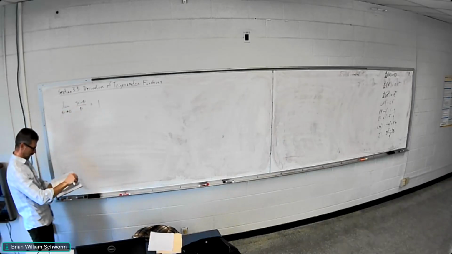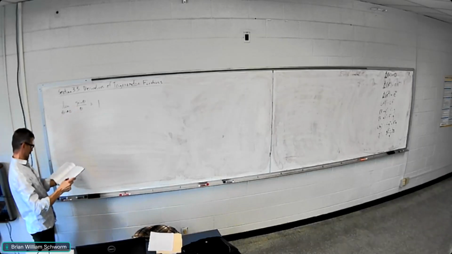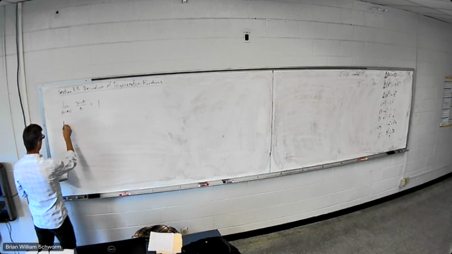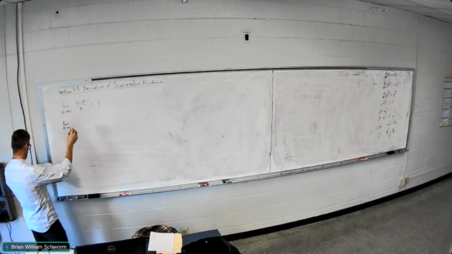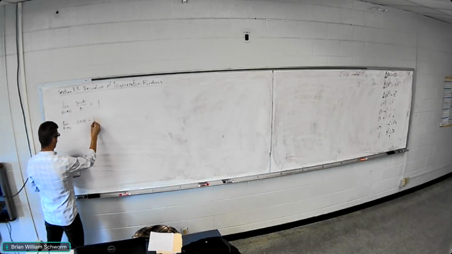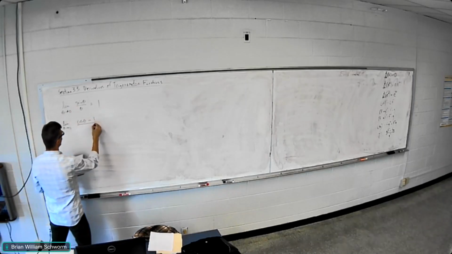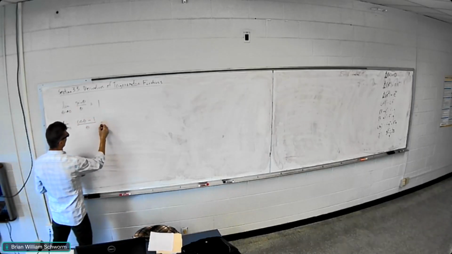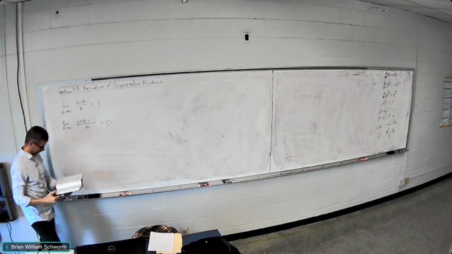But there's a similar one we need as well. The limit as theta approaches 0 of cosine of theta minus 1 over theta equals 0.